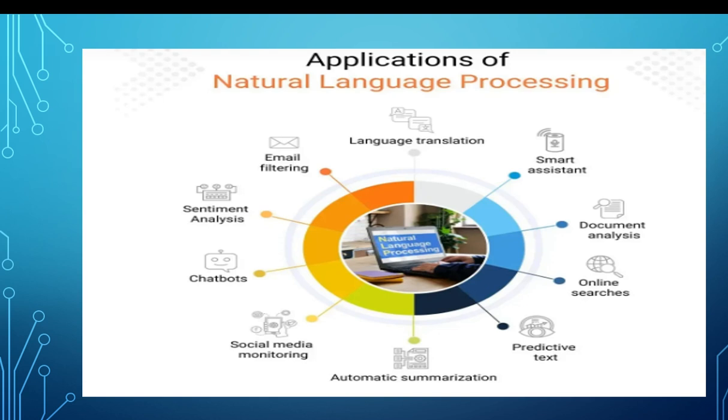So these are the applications where we can use natural language processing in different areas. Here it also includes customer service, content creation, data analysis, and more. And NLG is used in many areas.